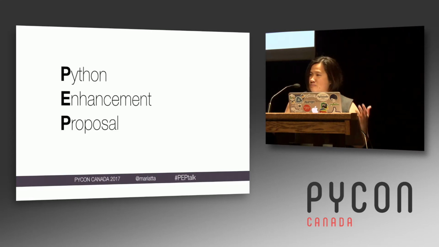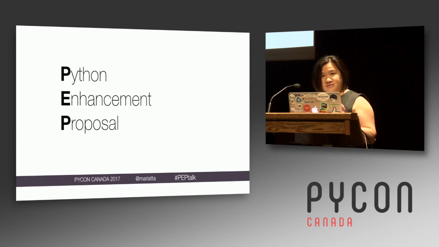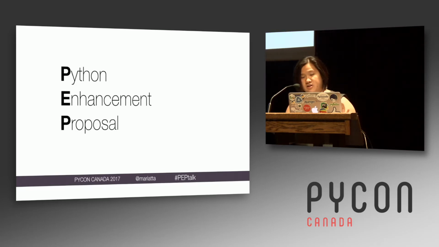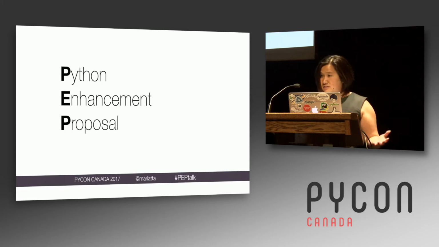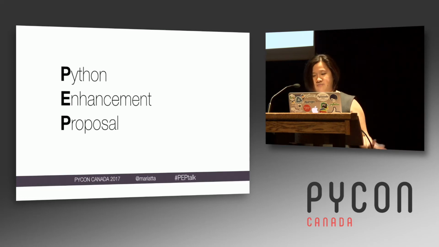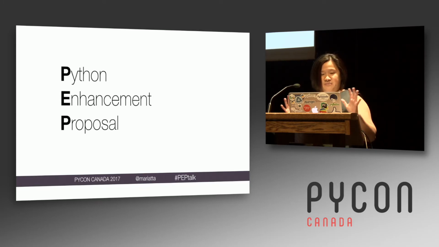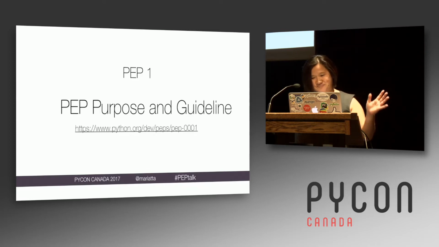It stands for Python Enhancement Proposal. So it's a design document you need to write to provide information to the community, to describe a major new feature for Python. So if you had a great idea of how Python can be better, you might need to write one of these things.